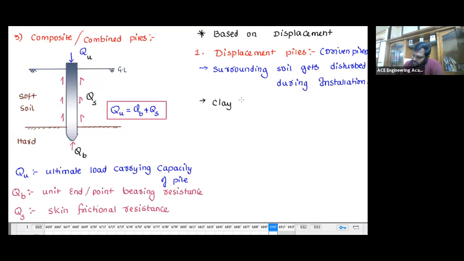Whatever clay soil is there gets remolded and loses its strength in the case of driven piles.